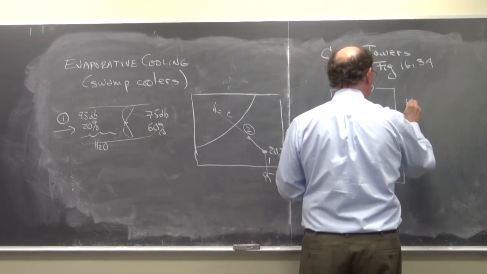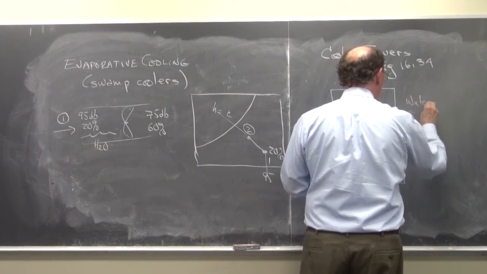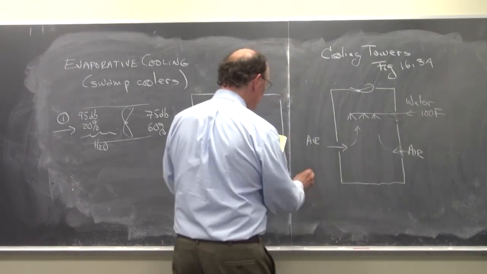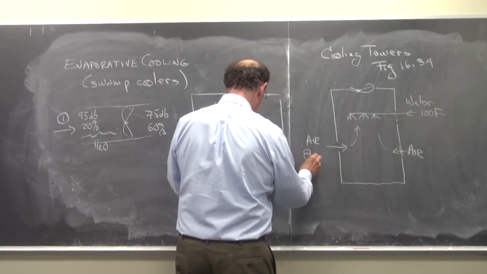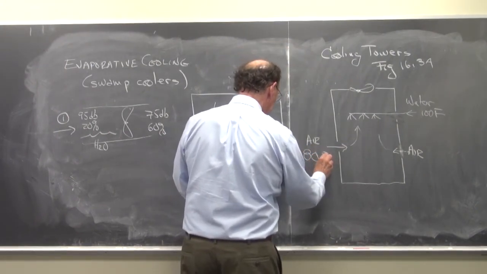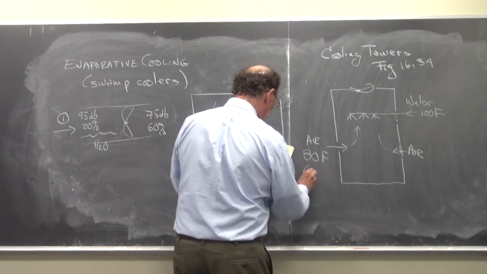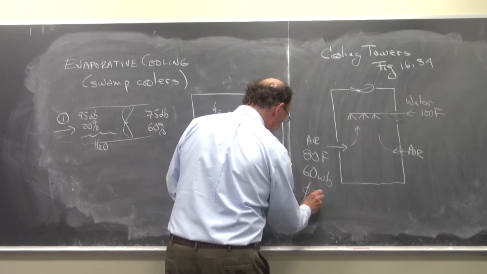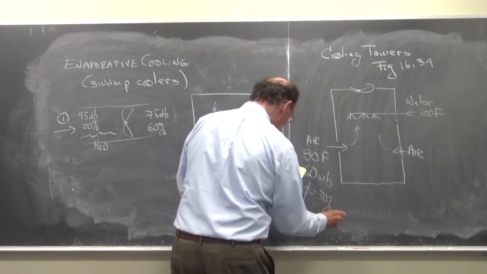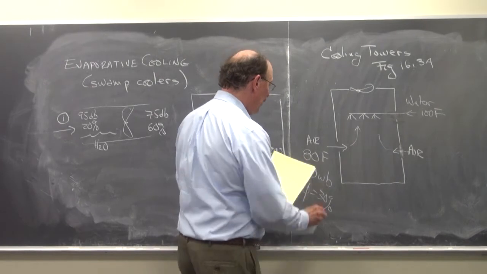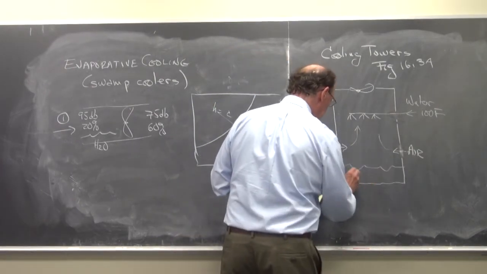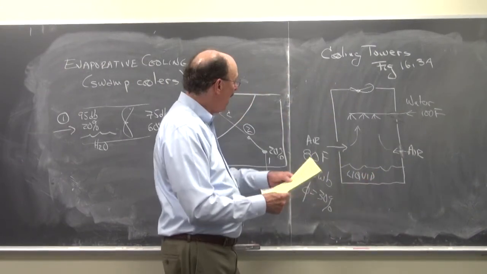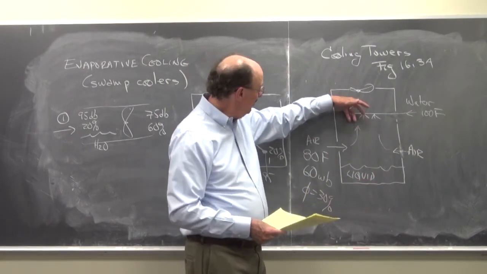We have water at about 100 degrees Fahrenheit. The atmospheric air, in the example in the book, let's say we have 80 degrees Fahrenheit and 60 wet bulb, so relative humidity is about 30%. And we're going to have liquid down here. What happens is the water comes in and is cooled.